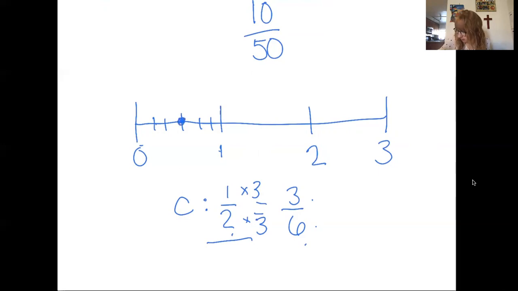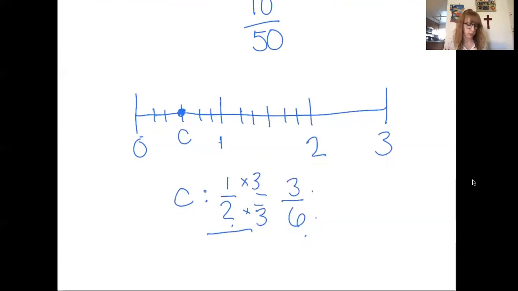I put a dot and I put C. And that's how I'm doing that. So for each of them, letter C is the only one that's less than 1, so that's the only one that will be in here. But you want to find the spot where each of those fractions go. So we'll do one more together, and then you can check your work with our answer key.